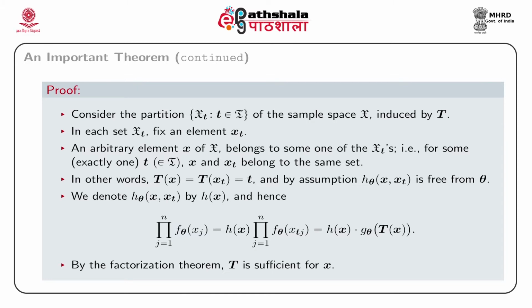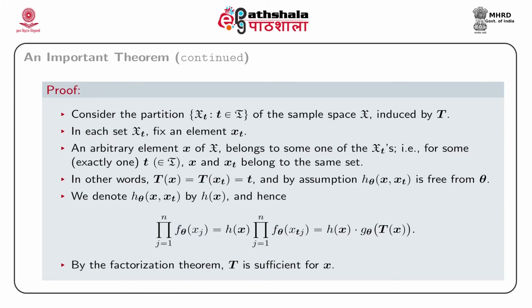If we look at an arbitrary element small x belonging to script X, then this element belongs to some unique t, so that both x and x_t belong to the same set script X_t.